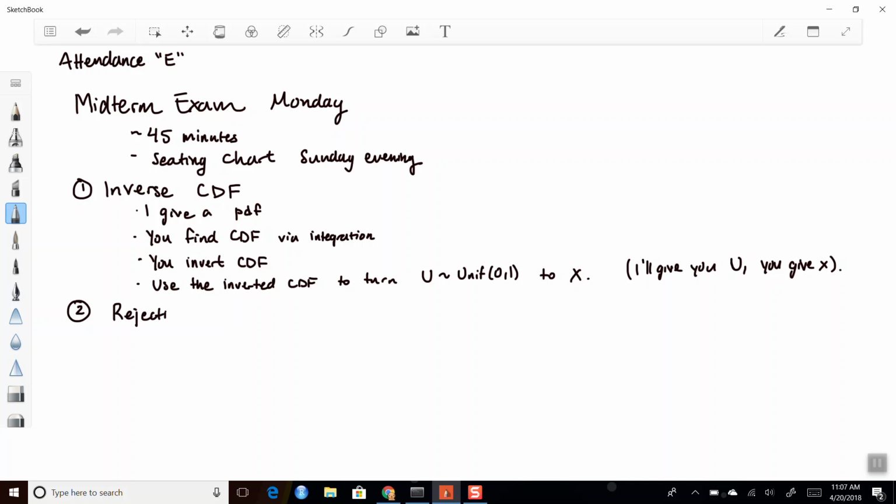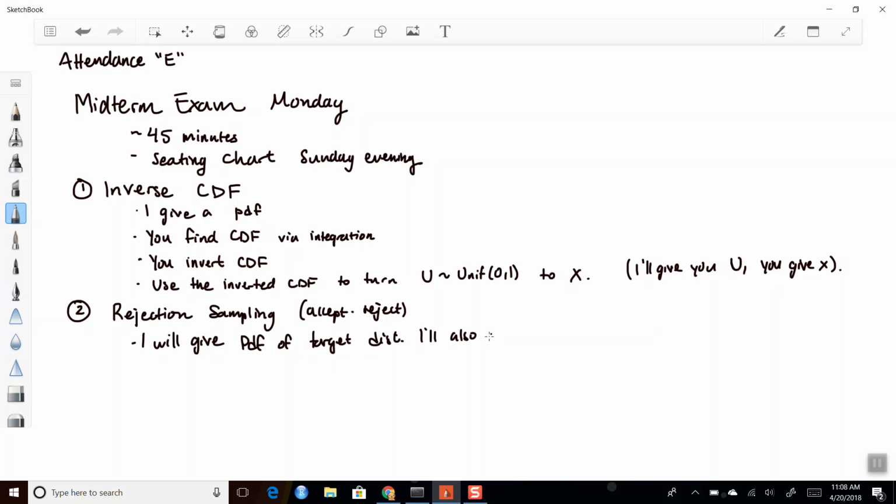Let's do rejection sampling, or accept-reject sampling. I'll give the PDF of the target distribution. I'll also give you a proposal distribution.